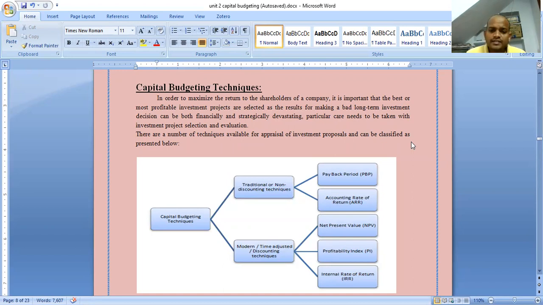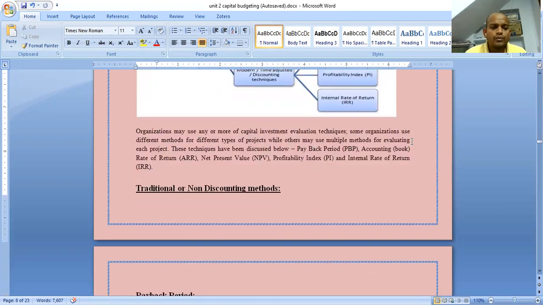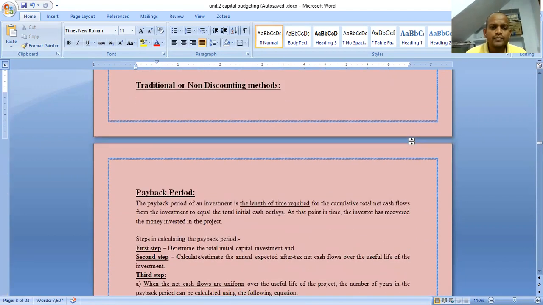In modern techniques, we have the net present value method, profitability index, and internal rate of return. These are the modern techniques, and we can call them time adjusted or discounting cash flow techniques, because these modern techniques consider the time value of money. So we'll go one by one.